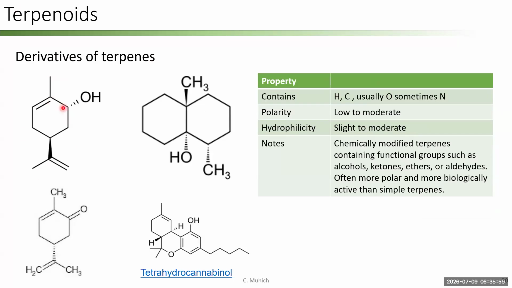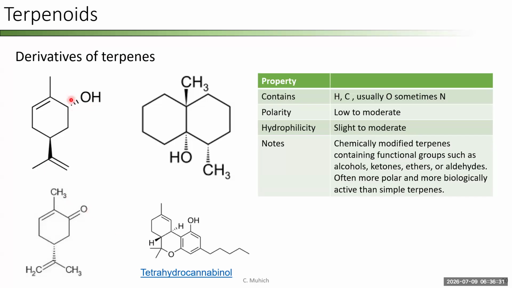If we do the count, we're going to see again combinations of 10, 15, or 20 carbon atoms in general. These have usually been functionalized with oxygen and/or nitrogen. They're more polar than the terpenes, because of the presence of these OH groups, right?